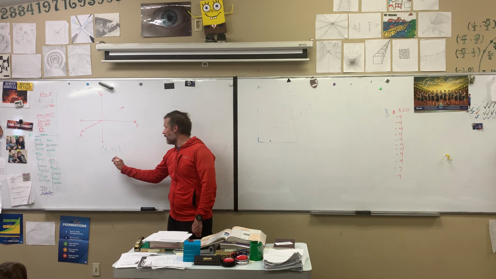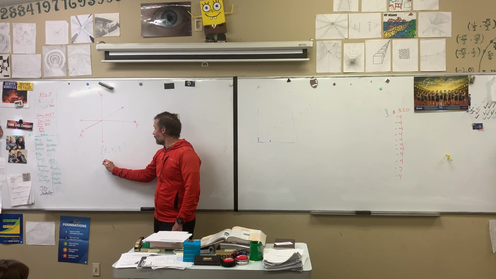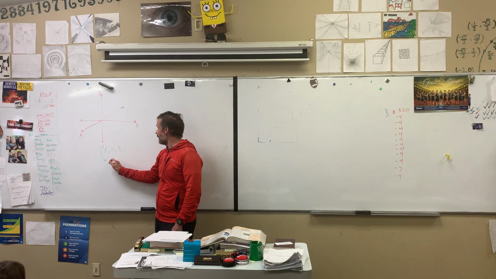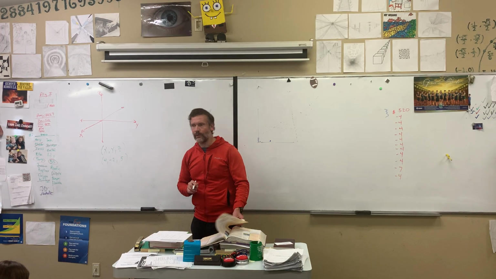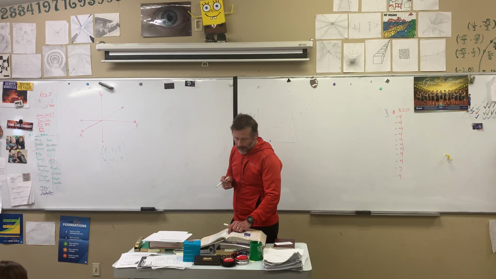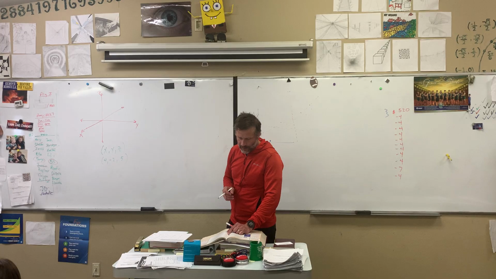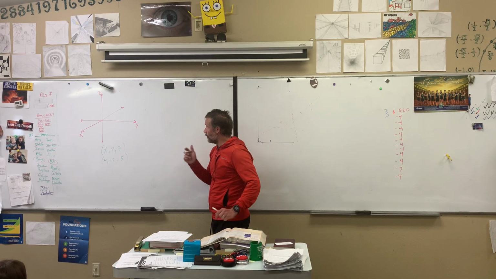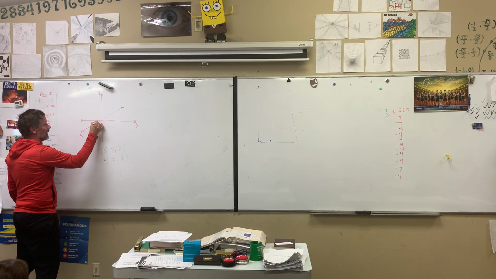Let's graph a point like 4, -2, and 5. You start by going out 4 on the X, so we can label 1, 2, 3, 4.